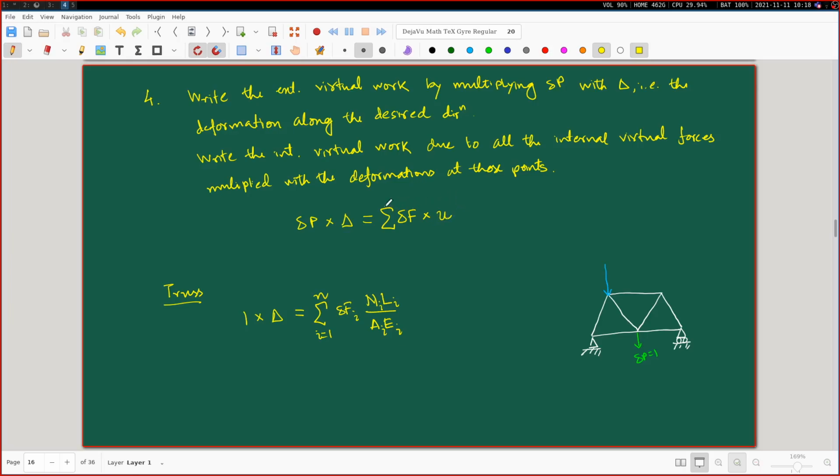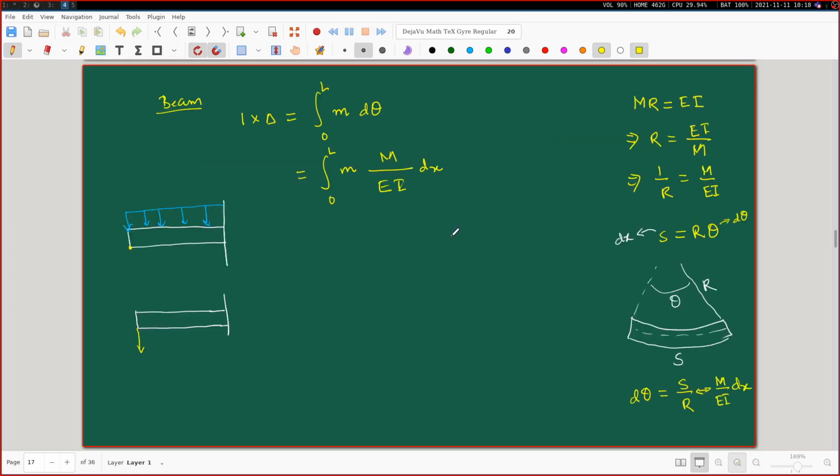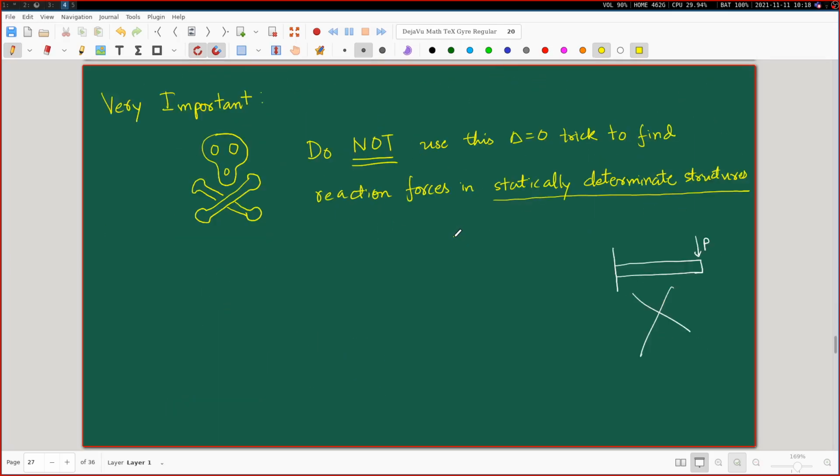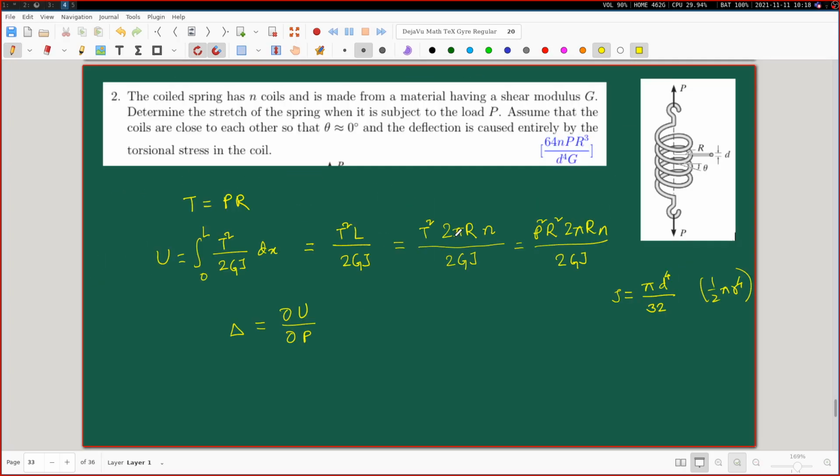So through this little discussion, I wanted to briefly recap what we had discussed at the end of these algorithmic steps of applying the principle of virtual work. Now let us get back to the problem, and in light of this refresher, you tell me what I should do.